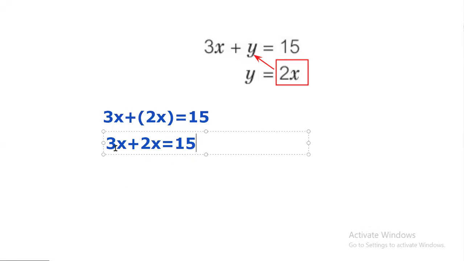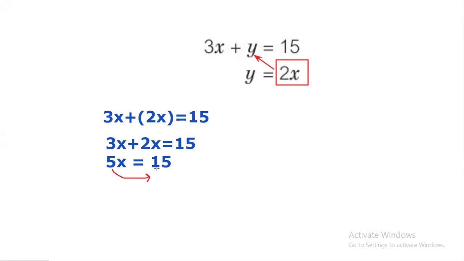Now let's continue. So 3x plus 2x will equal what? Very good. 5x. And then equals 15. Now I need to find the value of x. How do I do this? I make x the subject. Here it's multiplied by 5, which means I can take the 5 to the other side by dividing.